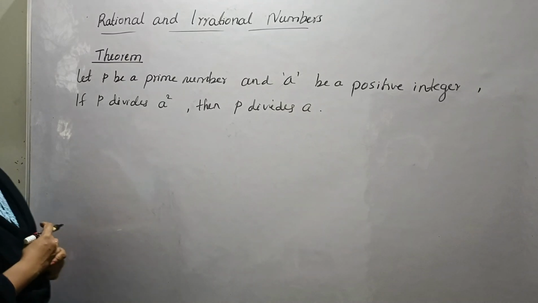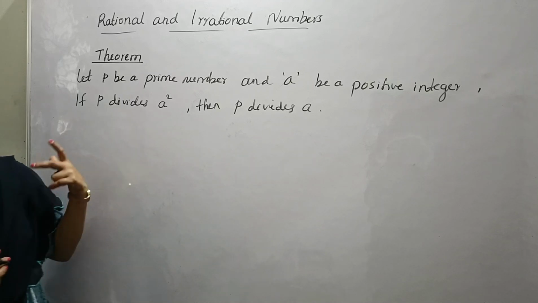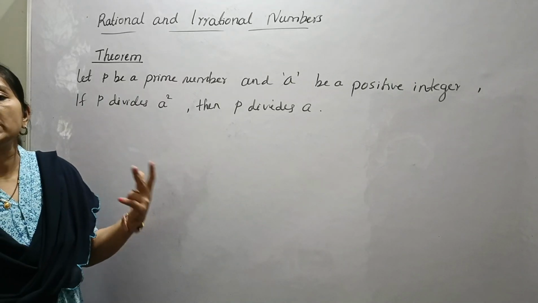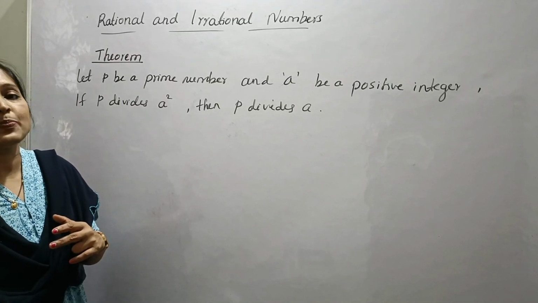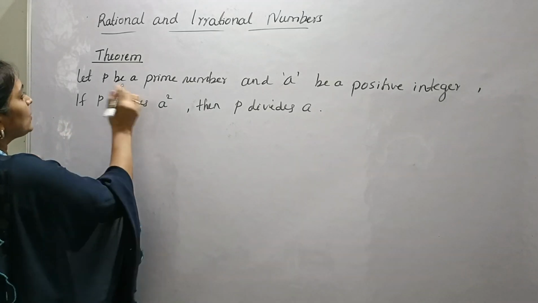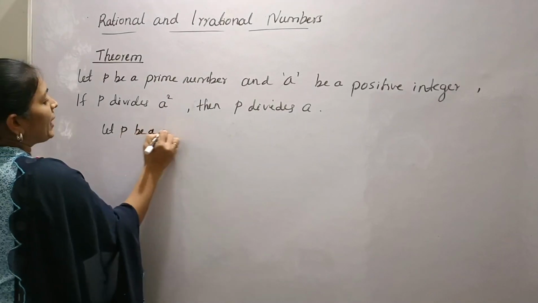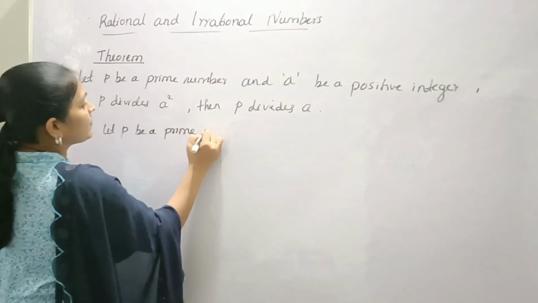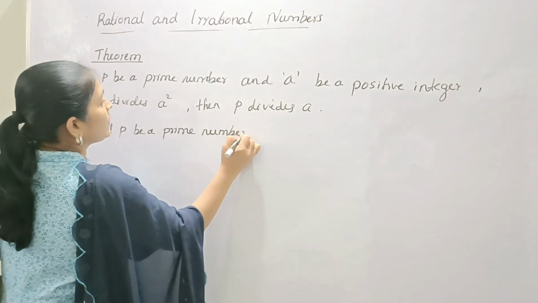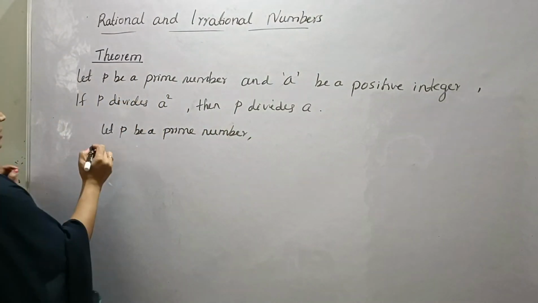We know the fundamental theorem of arithmetic, which we studied: any positive integer can be expressed as a product of prime numbers, right? So here, let p be a prime number and a be a positive integer.